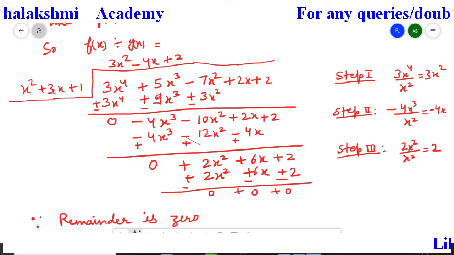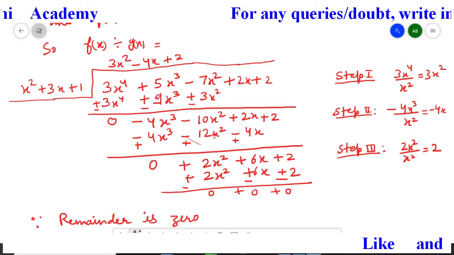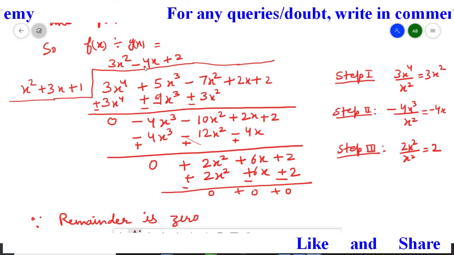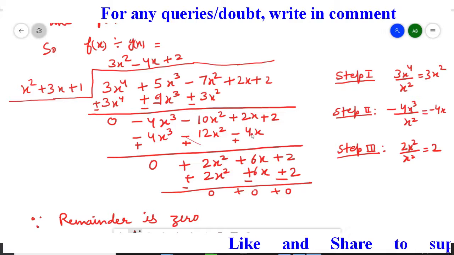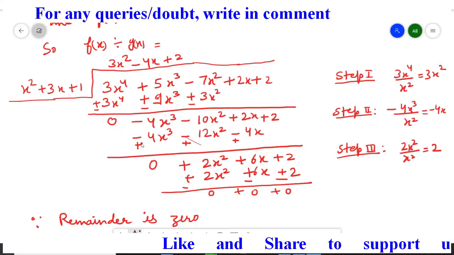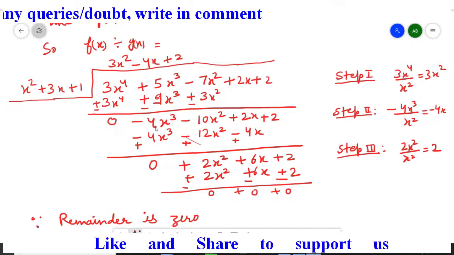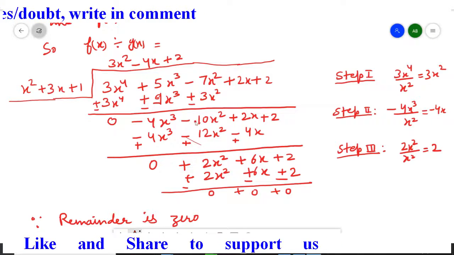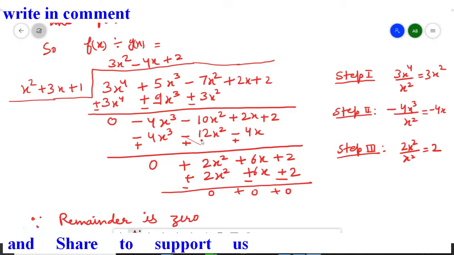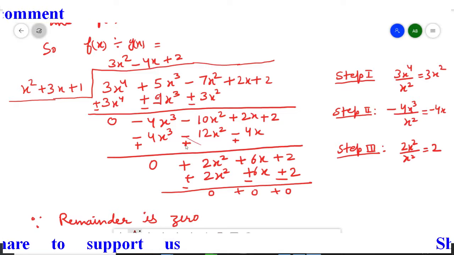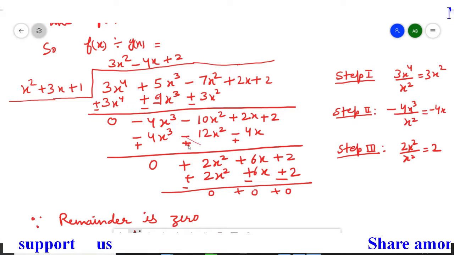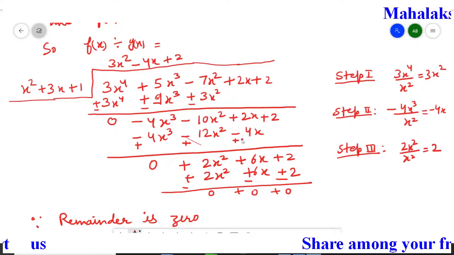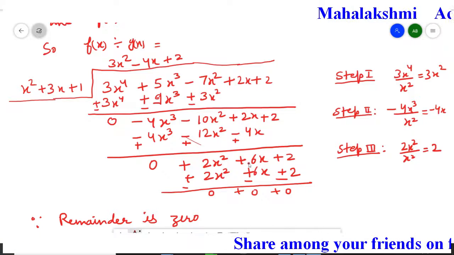Minus 4x multiplied by 3x, you will get here minus 12x square. Now minus 4x multiplied by 1 is minus 4x. Now do the sign change and subtract them, you will get here 0. Now here it's of minus sign and 12 is of plus sign. You have to see the new sign only. Minus plus minus, and the sign of the bigger number, and here plus plus you have to do plus, and this 2 as it is.